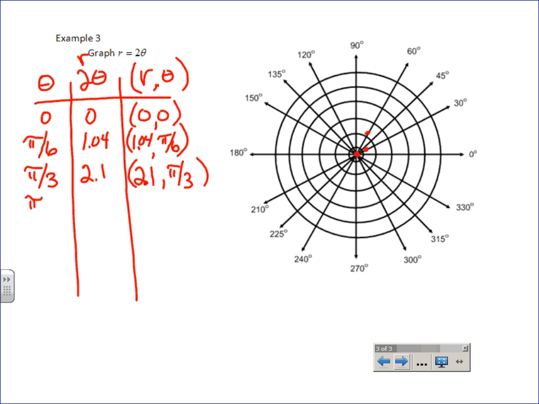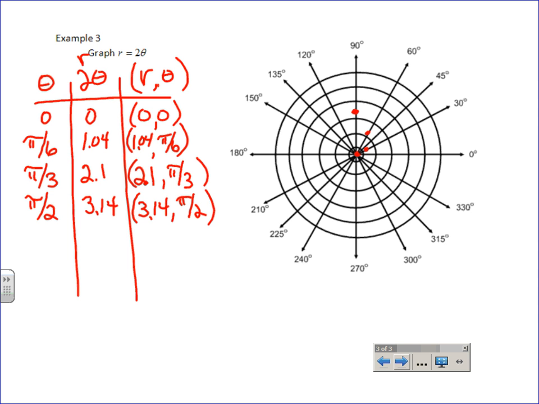90, which is pi over 2. Again, you notice this is me really checking how much you remember the radians. Pi over 2 times 2, which is, I hope you know that one, 3.14 as a decimal, of course. Pi over 2, and then 1, 2, 3, 1, 4.